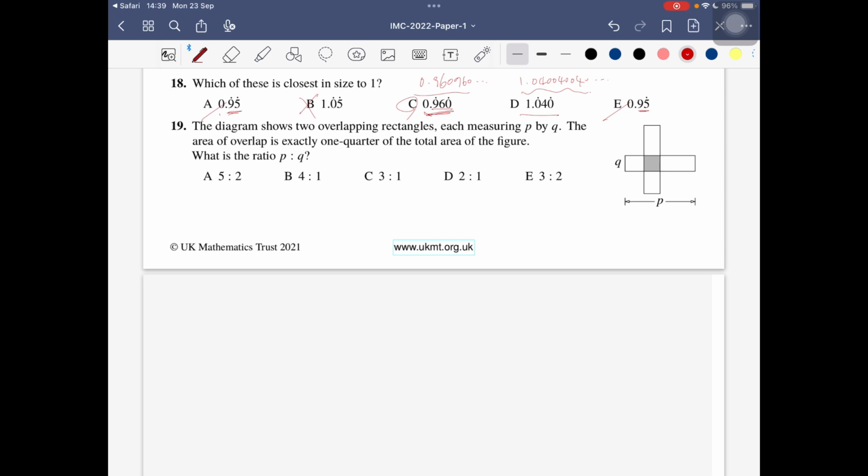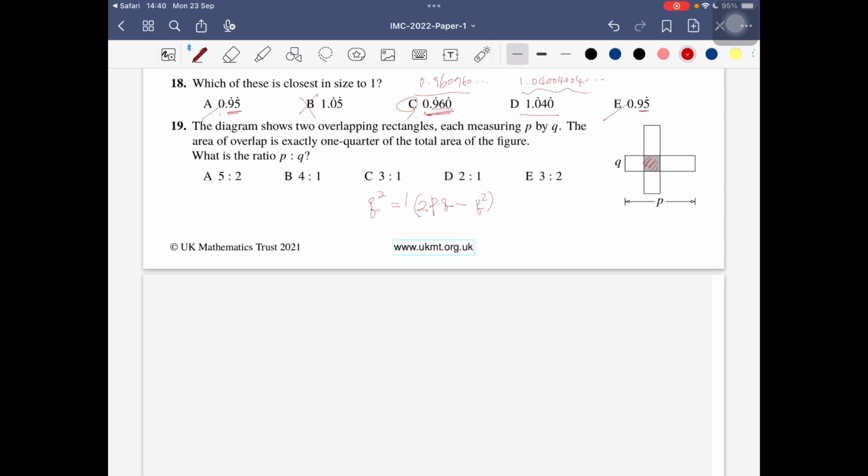Number 19, overlapping rectangle P and Q. 1/4 of the total area of the figure. P and Q. Okay, so this is the area P and Q. So PQ equals. Q squared. So overlapping rectangle. It should be squared. So Q squared equals. This figure has 2 rectangles, P times Q, but it has 2. But since it is overlapping, we need to take out Q squared.